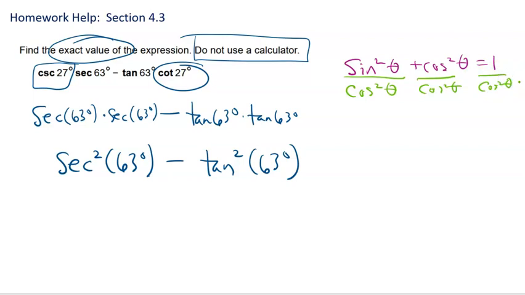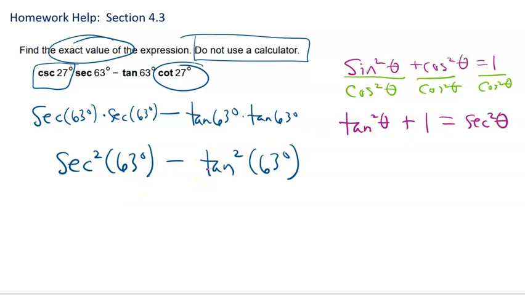Where does that take me? Sine squared of theta divided by cosine squared of theta equals tangent squared of theta. So that's tangent squared of theta plus, of course, 1. 1 over the cosine is secant, so 1 over cosine squared is secant squared of theta. Now, that's similar, but not there yet.